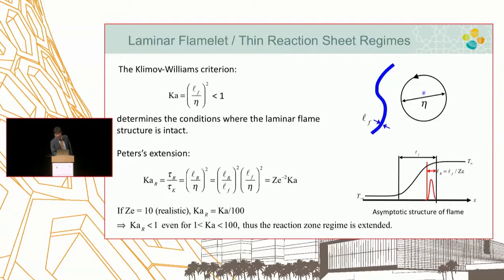That's when these eddies start to penetrate inside the flame and shred it up. Then you can't say the flame retains this nice one-dimensional laminar flame structure. So this is the well-known Klimov-Williams criterion. The condition is a Karlovitz number of 1. So just keep in mind the meaning of unity Karlovitz number.